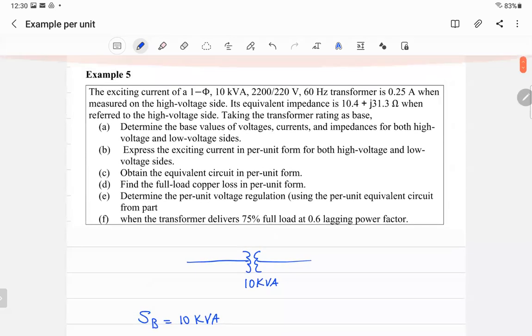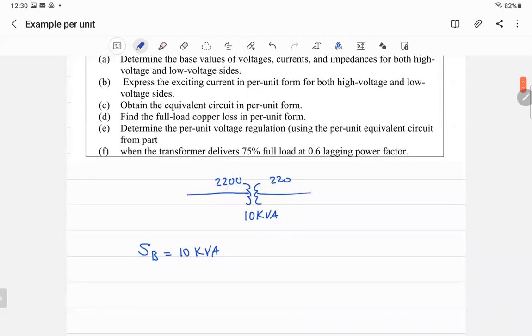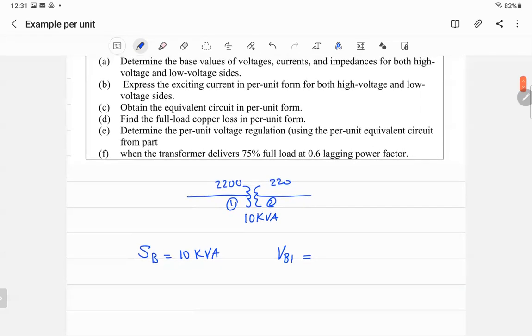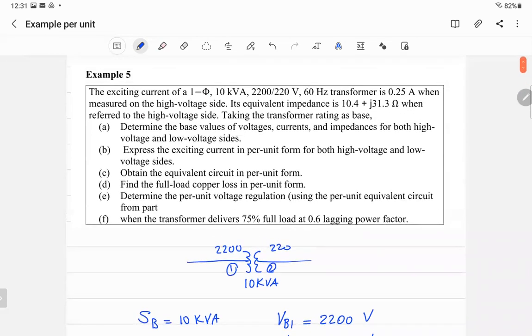And 2200 and 220 volts, that's the rated value for the primary, and that's the rated value for the secondary. So now I'm going to say, V base 1, I always call this one, this 2. I don't like to give letters here. So VB1 will be equal to 2200 volts, and the base for the voltage on the secondary will be equal to 220 volts.